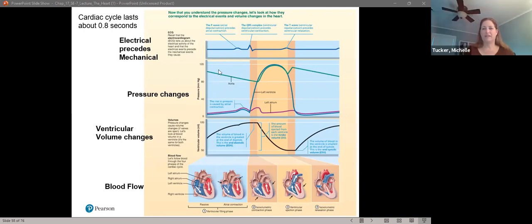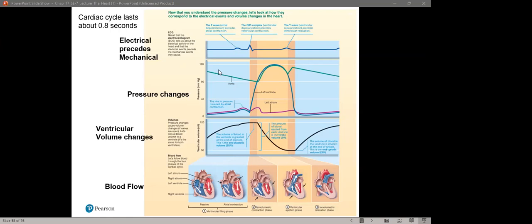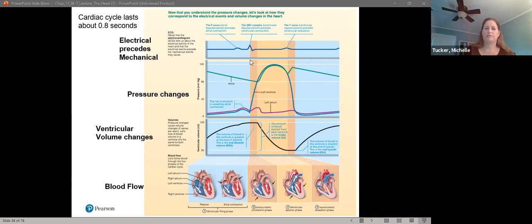So the phase number isn't terribly important, but for clarity's sake, we will break it up into phases 1, 2, and 3. So all of your graphs are set up with the cardiac cycle being broken into 3 phases.